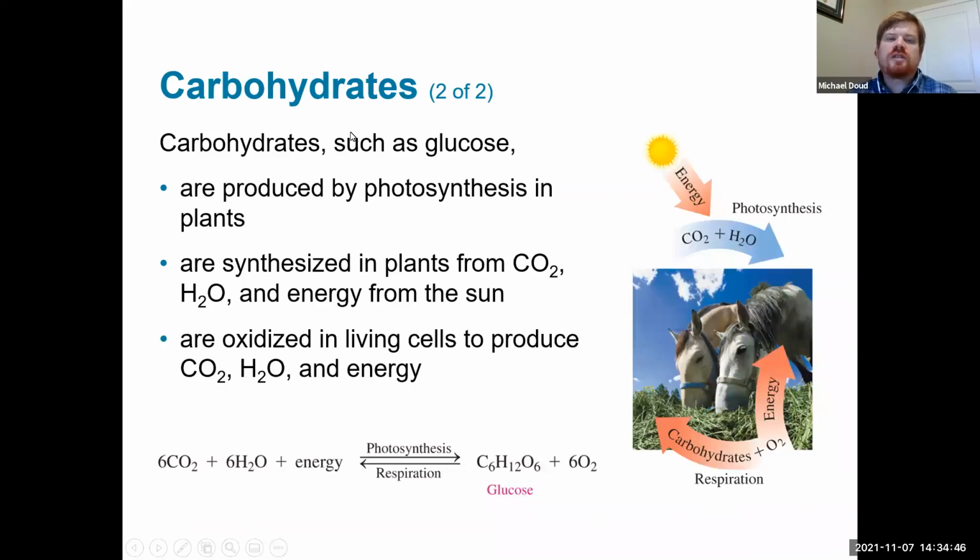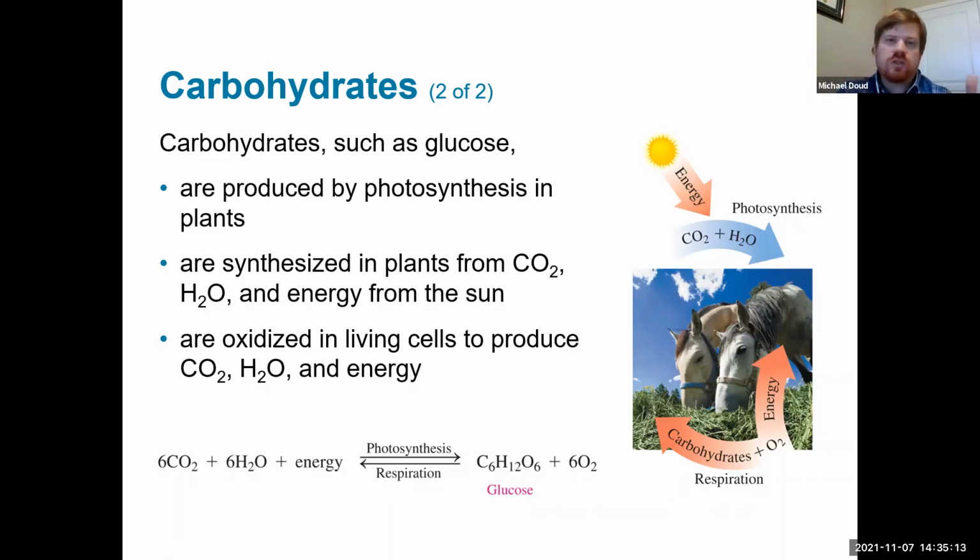Carbohydrates like glucose, for example, are biomolecules that are synthesized in plants. Plants have a special set of enzymes that we're going to talk about in the future that take in sunlight energy and use that to break the bonds of carbon dioxide and water and turn those into these sugar molecules, these carbohydrates.